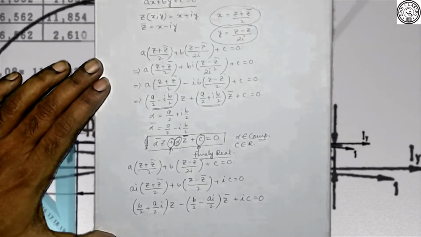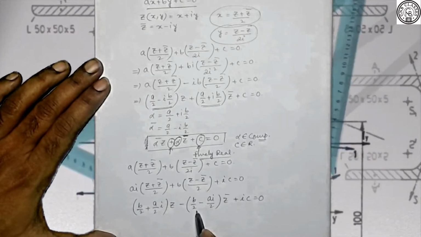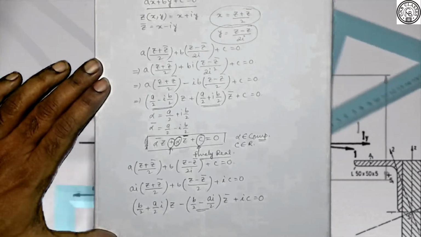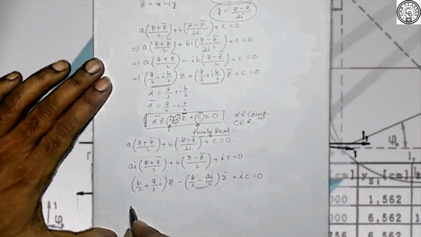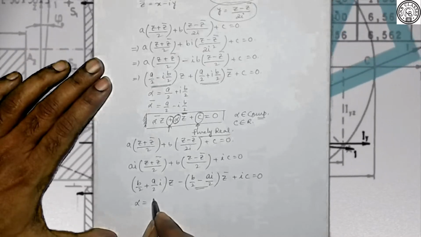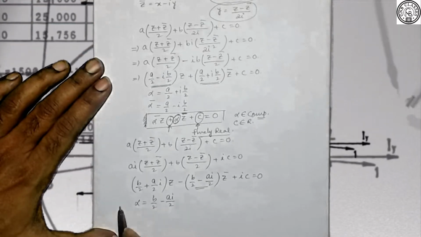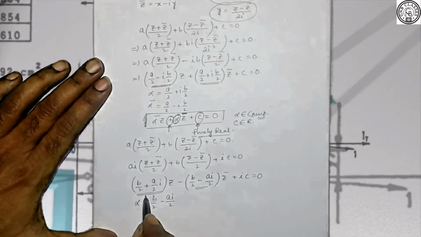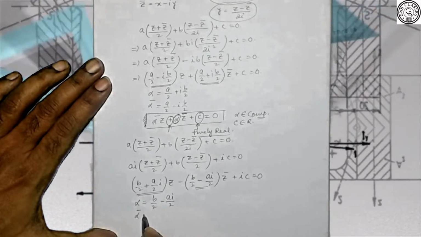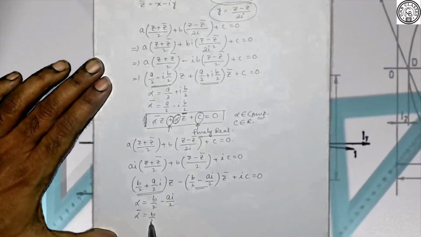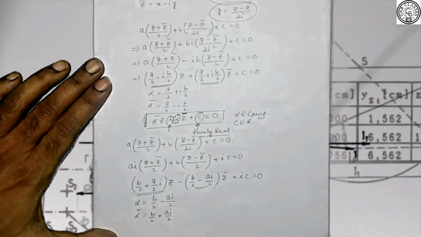So in this case, you observe, if I term this thing as my alpha, if alpha is b by 2 minus a iota by 2, then this one is the conjugate of this complex number. So this one will be your alpha bar, which is b by 2 plus a iota by 2.